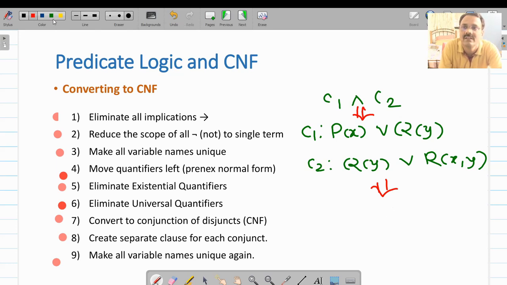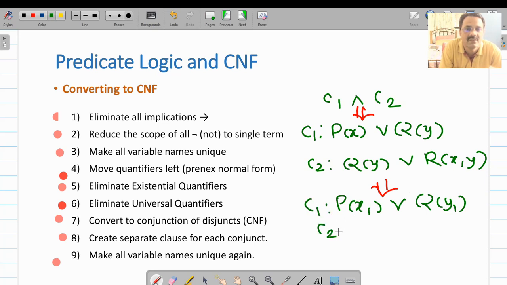So the output will be C1: P of X1 or Q of Y1, and C2 will be Q of Y2 or R of X2, Y2.